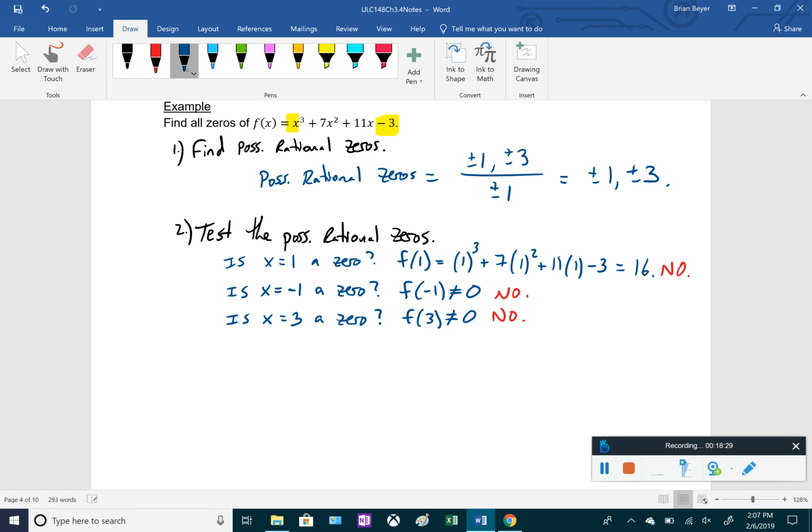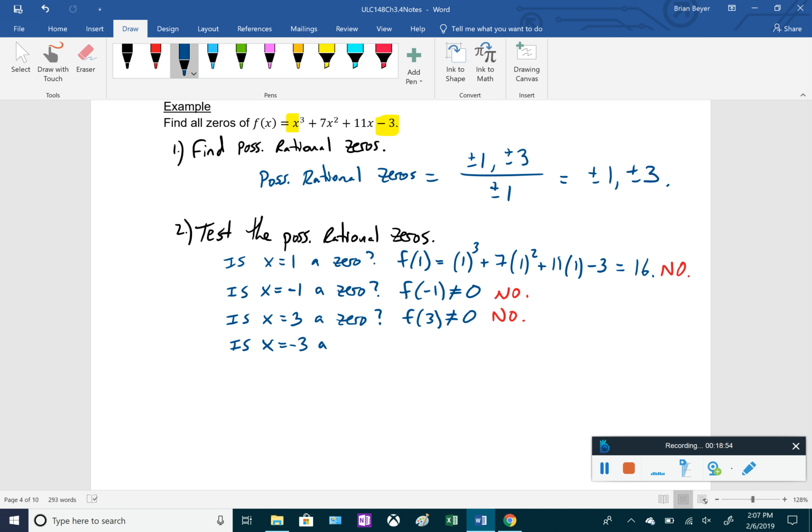So technically, if we got it where all of these were not 0, that's technically okay. For a polynomial, if the degree of the polynomial is even, it technically does not even have to have an x-intercept. If it's odd, it has to have at least one x-intercept.